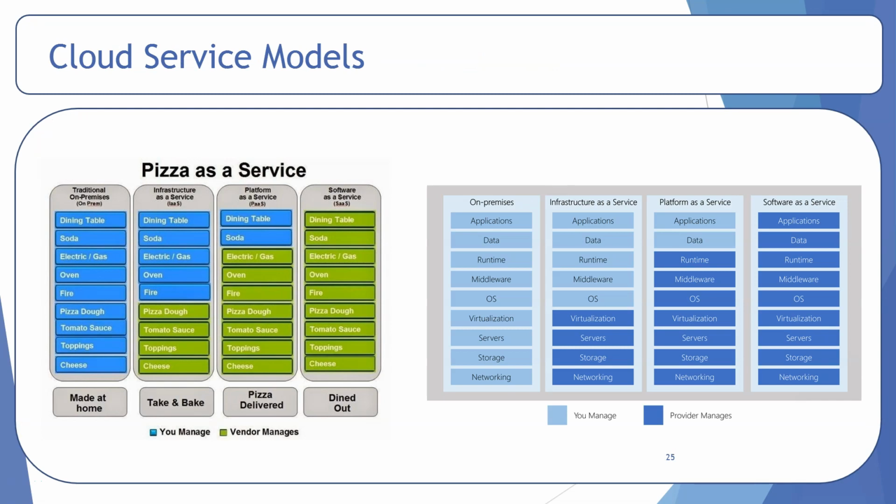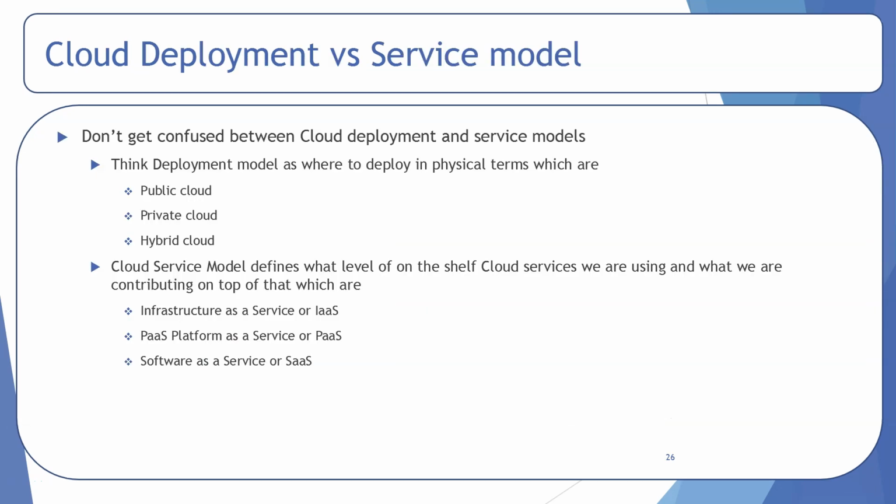So we see our responsibility decreases from left to right. Don't get confused between cloud deployment models and cloud service models. Think of the deployment model as the data center where infrastructure is deployed, which are public cloud, private cloud, and hybrid cloud models.